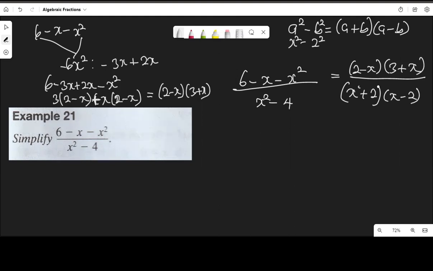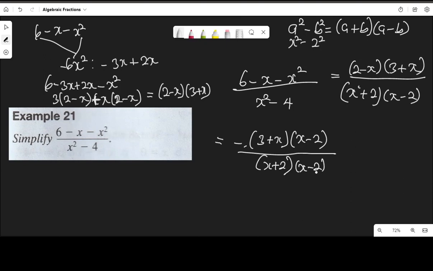To do that, I will have to multiply the whole numerator by negative 1. So when I do that, I have negative 3 plus s and s minus 2 all over s plus 2 and s minus 2, so that this term cancels this.